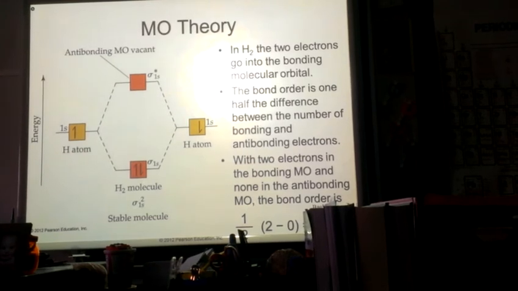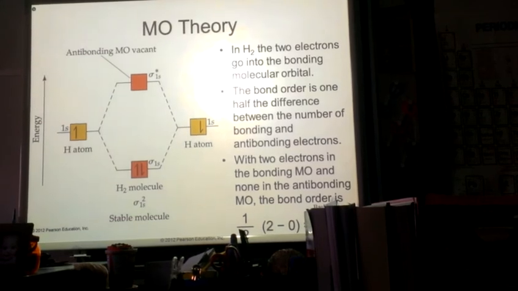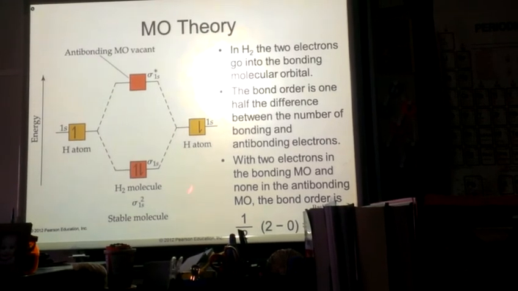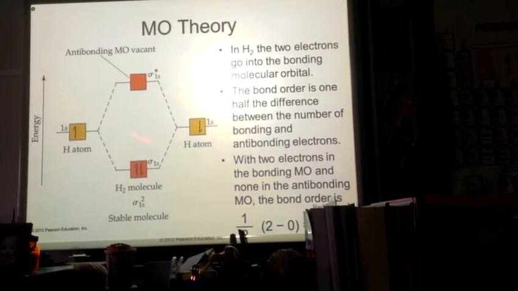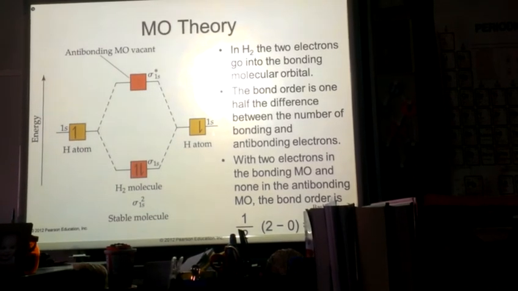So I fill in, just like an orbital diagram, this one electron here, and the other hydrogen is going to give an electron with the opposite spin. So here's my 1s, here's my 1s over here. The bonding orbital is going to be lower in energy than the atomic orbitals. The anti-bonding orbital is going to be higher in energy than the atomic orbitals.